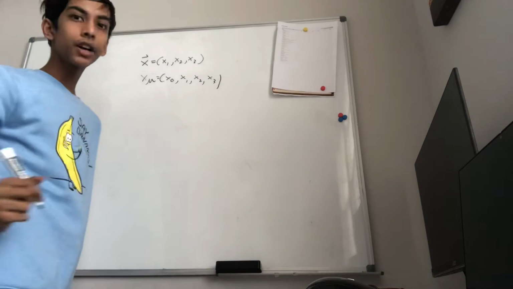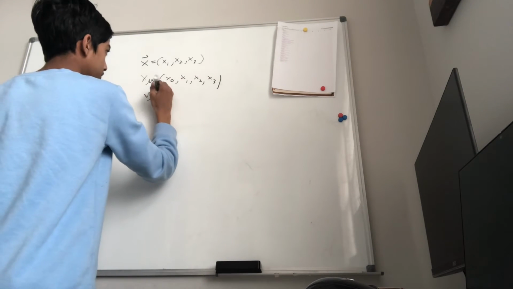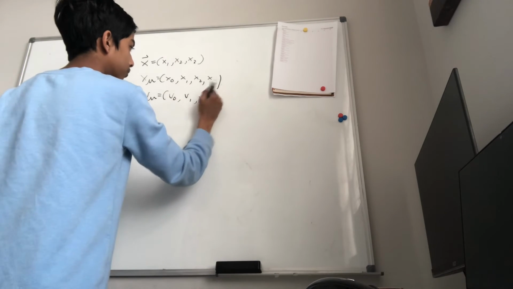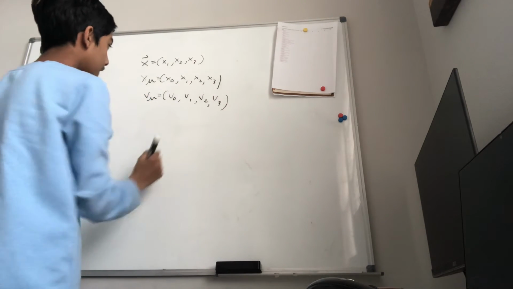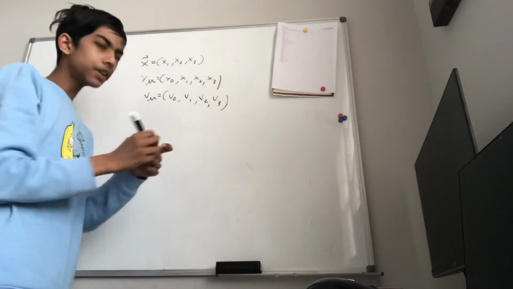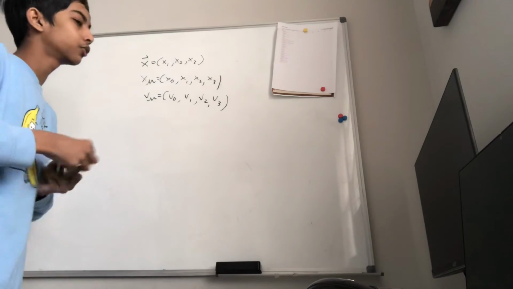And this could be applied to other vectors too, not just position. V mu equals v0, v1, v2, v3, and pretty much any vector that is not a pseudo vector.